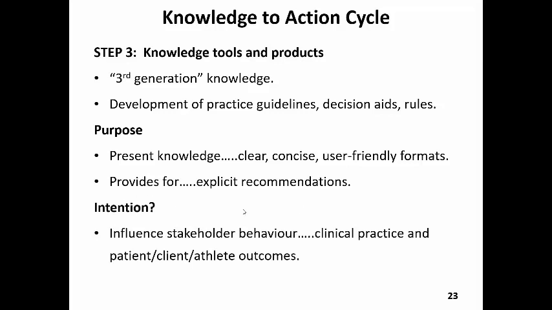And the intention overall at the third step is to influence those individuals that have a stake in this research and a stake in the operation of some organization, is to influence the behavior. And that behavior refers to clinical practices and patient or client or athlete outcomes.